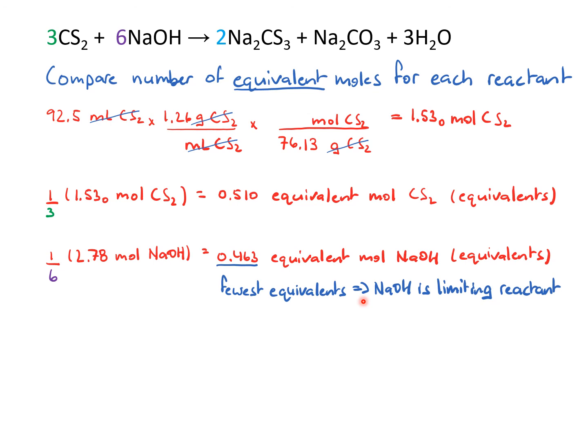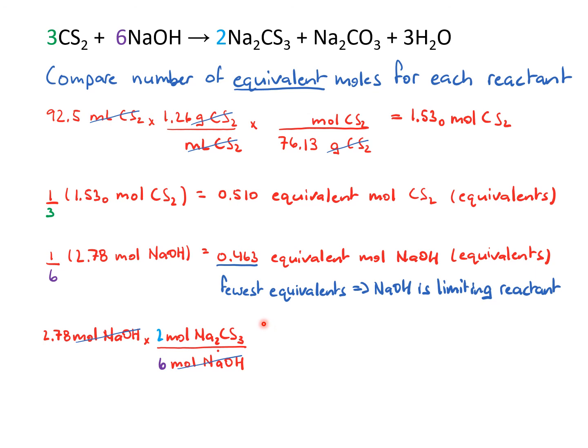Knowing the limiting reactant, we can now determine the amount of product produced. Starting with the limiting reactant, which was 2.78 moles of sodium hydroxide, we multiply by the stoichiometric coefficient, which is 2 for Na2CS3, and divide by 6 moles of NaOH. We can see here now that the moles of sodium hydroxide cancel, leaving us with moles of Na2CS3.